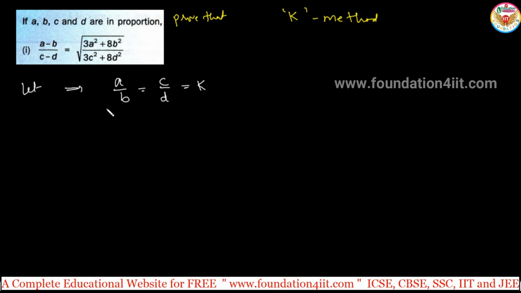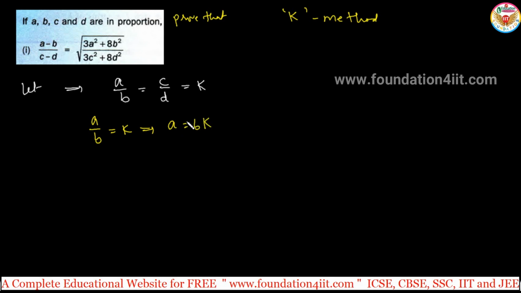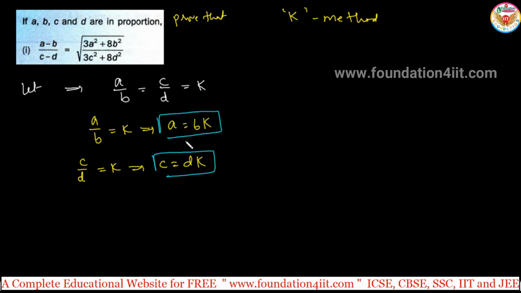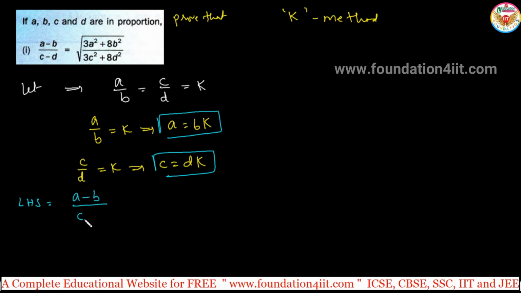Now the first one, A by B is equal to K, right? From this, A is equal to B into K, and C divided by D is equal to K. From this, C is equal to DK. Now in LHS and RHS, wherever A and C are there, you can replace them. First let us find the LHS part. In LHS, A minus B by C minus D. In the place of A, BK minus B as it is.